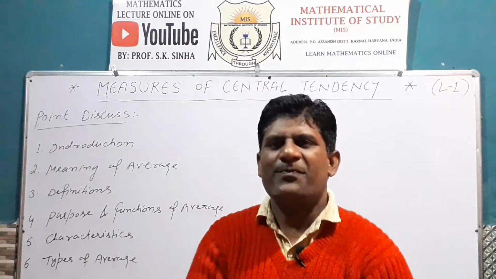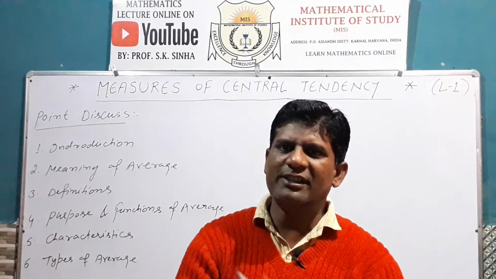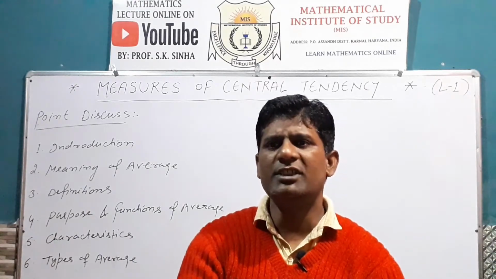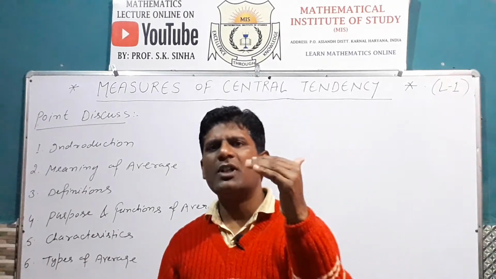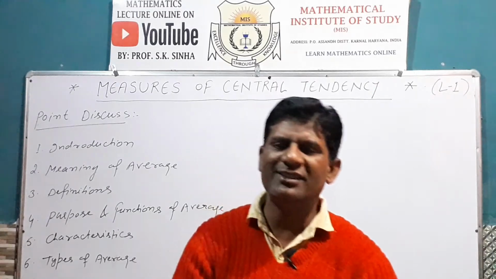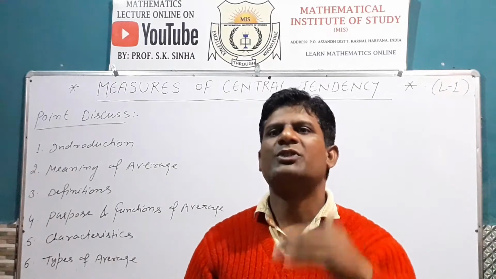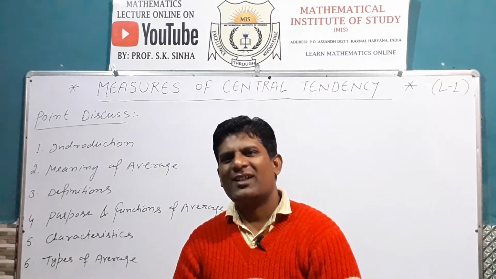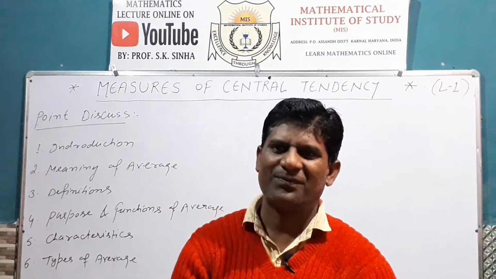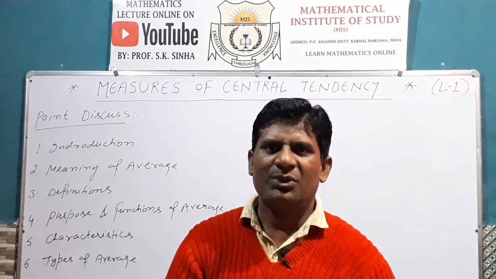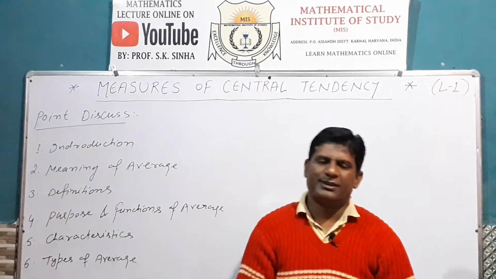In other words, an average is a single value within the range of data that is used to represent all of the values in the series. Right? So such an average is somewhere within the range of the data. So it is therefore called a measure of central tendency.